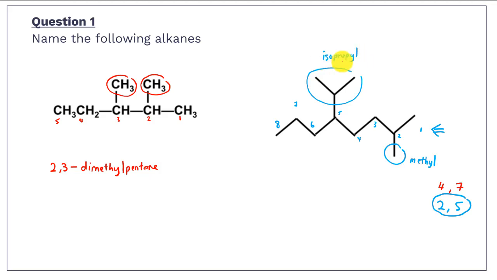So position 2 we have methyl, starting with the letter M. Position 5 we have isopropyl, starting with the letter I. Following alphabetical order, I comes first before M. So in your naming, it becomes 5-isopropyl, between number and letter using a dash, and then the second substituent, 2-methyl. The parent must come last. 8 carbons is called octane.